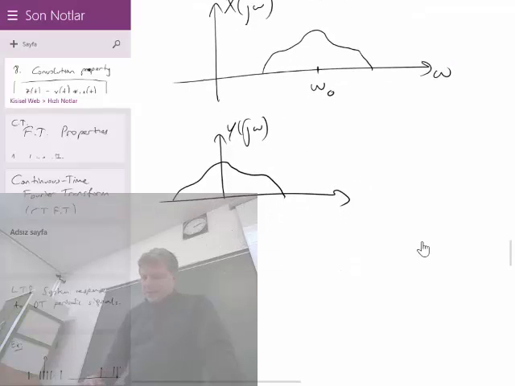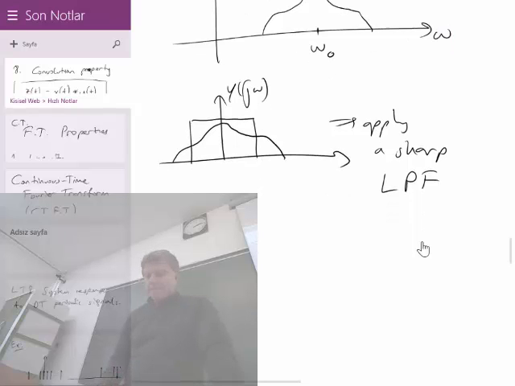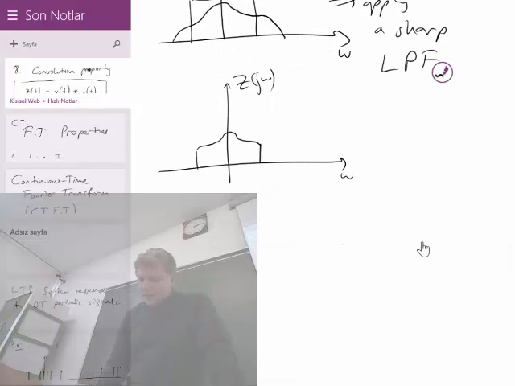Okay. Then you apply a sharp low pass filter, for instance, as sharp as this one, and then the result will be, let's call it z of j omega, and the shape will somehow look like this. And finally, these are all on the axis of omega.